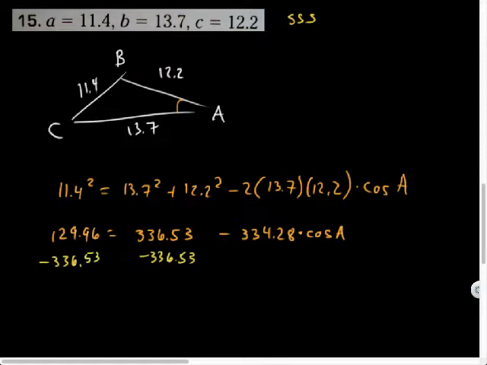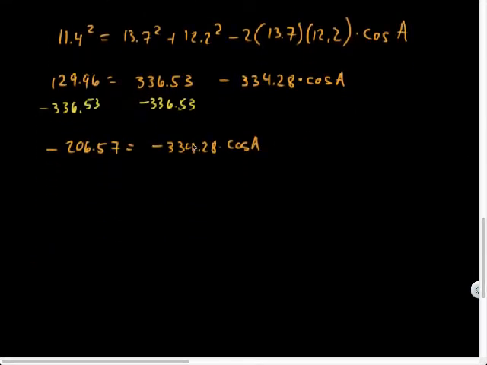So I will get 129.96 minus 336.53, and I get a negative number, but don't worry, I'm not scared of that. And then to get cosine by itself, I could divide by this negative, and that's the good thing.